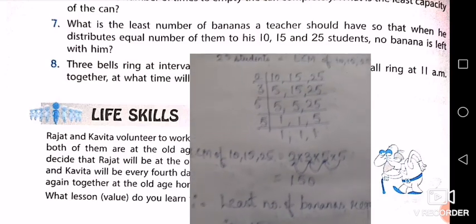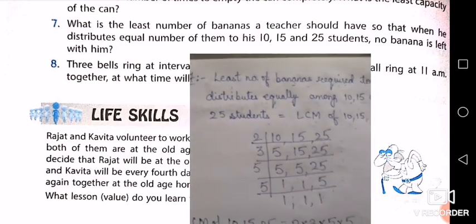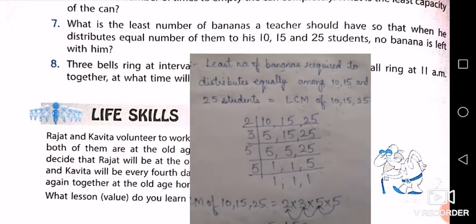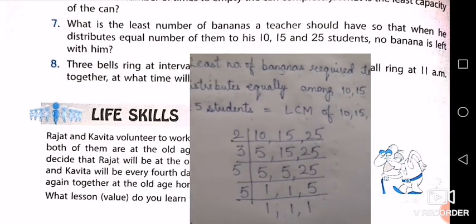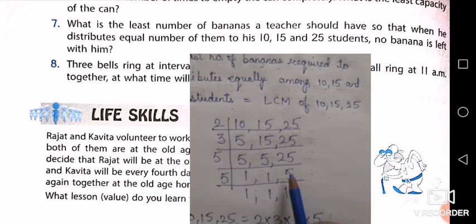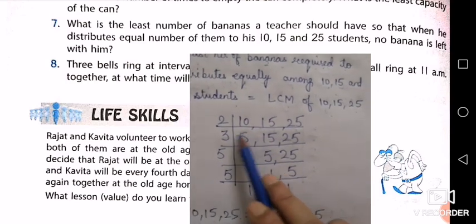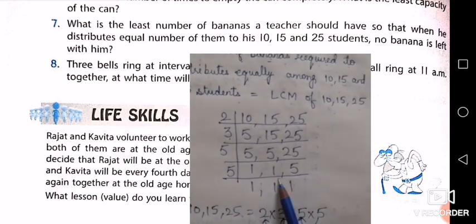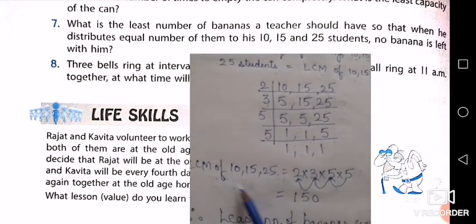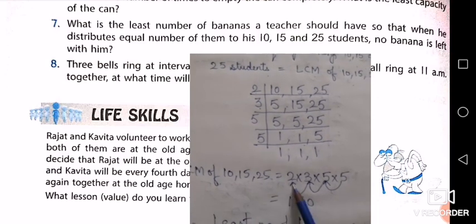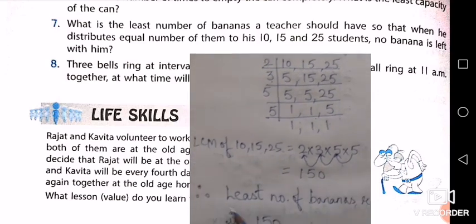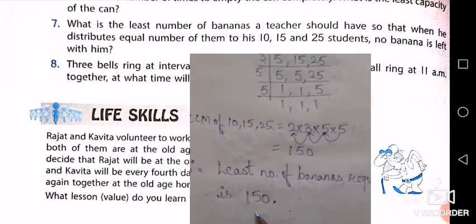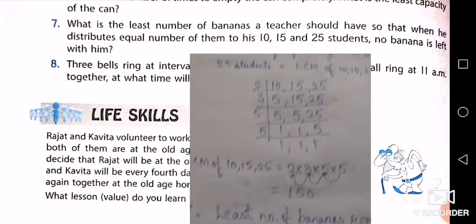Quite a simple question this is. The least number of bananas required to distribute equally among 10, 15 and 25 students is equal to the LCM of 10, 15 and 25. Now do the LCM of this. You will get 150. Therefore, the least number of bananas required is 150.